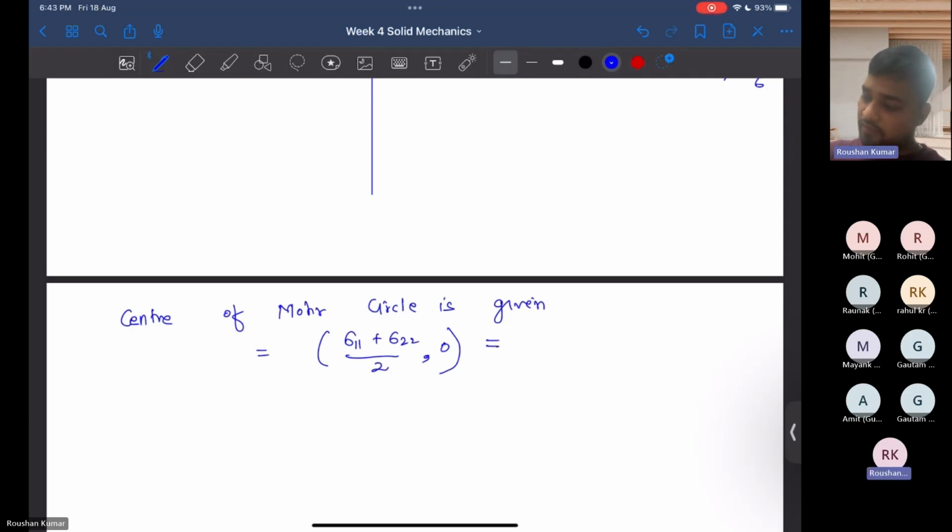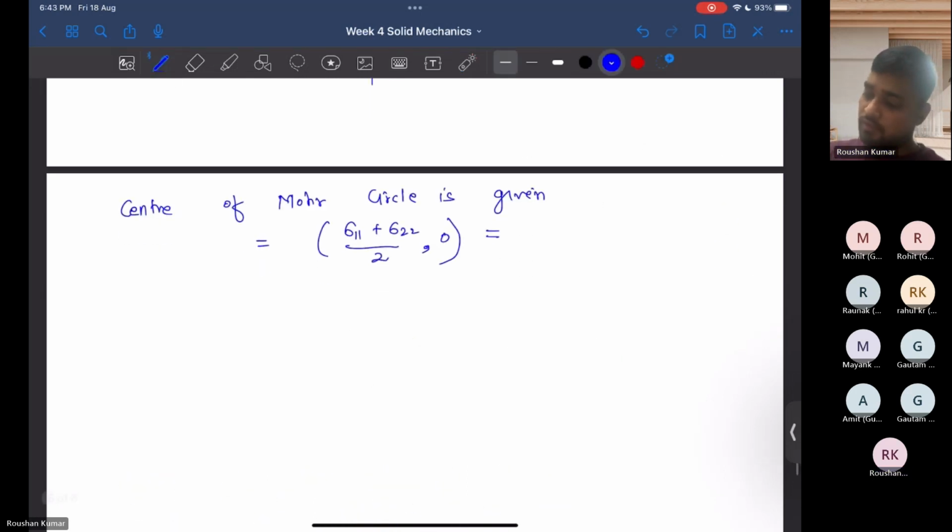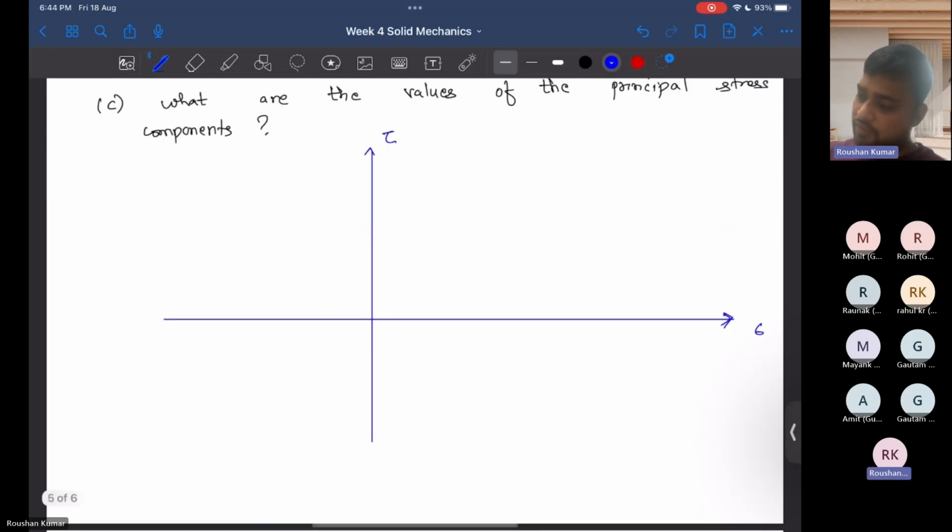Here sigma 11 is -2 and sigma 22 is 6. Therefore it becomes (-2 plus 6) upon 2, comma 0, which is nothing but 2 comma 0. So we find that the center of the Mohr circle is at (2, 0).